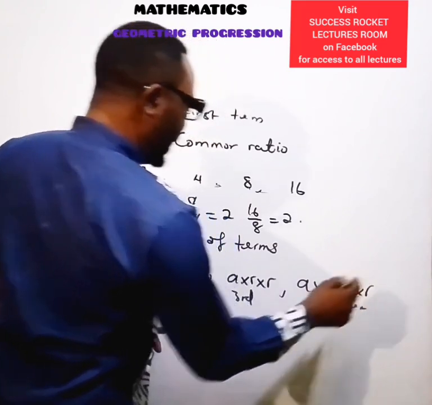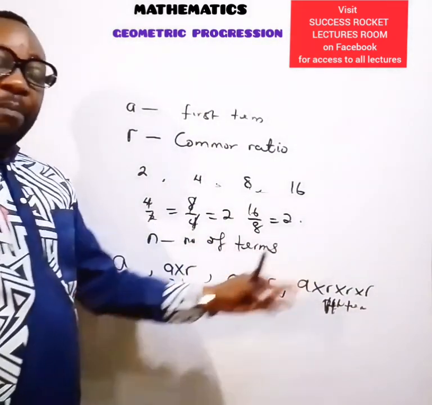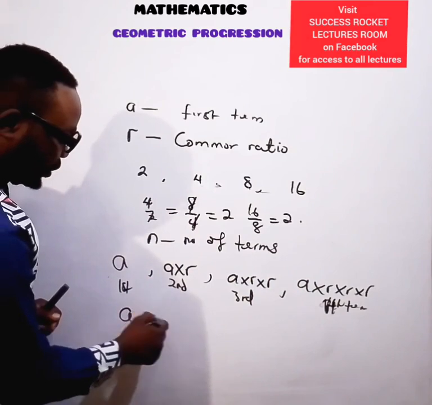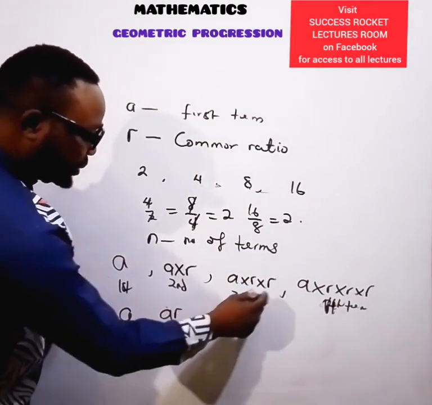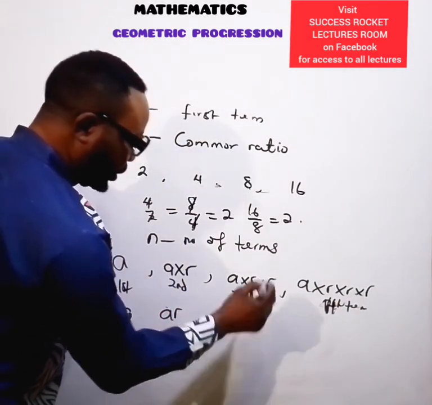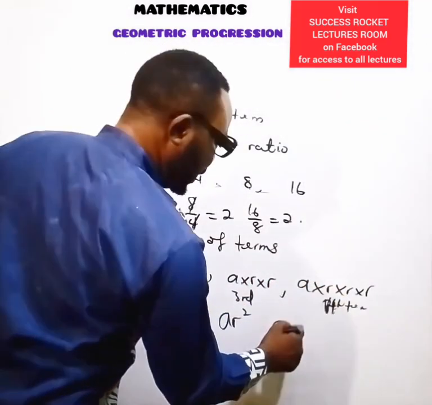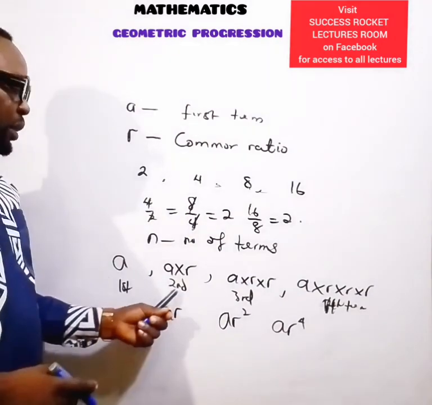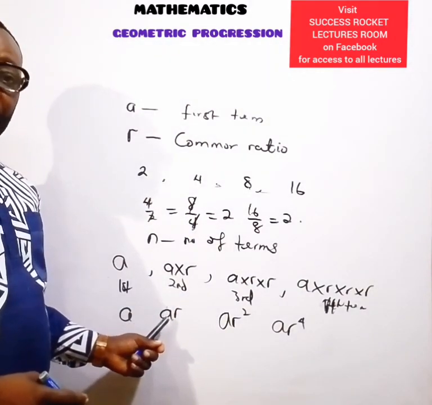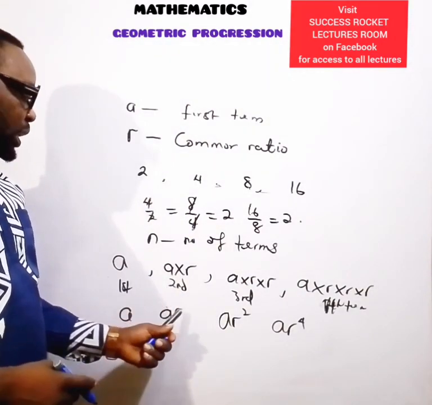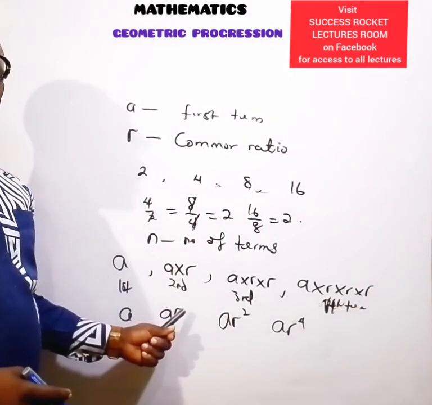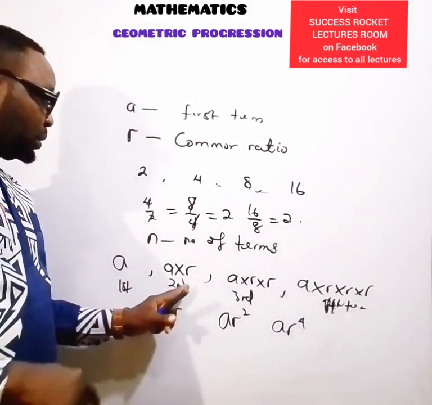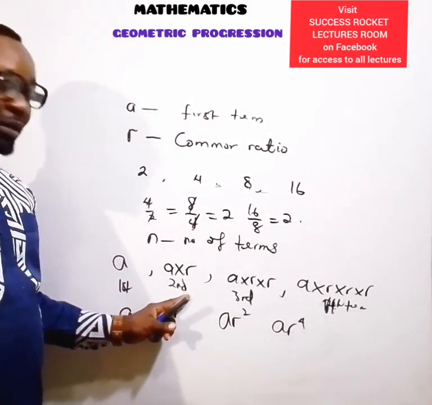Now, if you look at this arrangement very well, if I write it out, this is A, the first term. The second term is AR. The third term is AR raised to power 2. And the fourth term is AR raised to power 3. If you look at each of the terms, you'll discover that the number of R's multiplied by one another is less by 1 than the position of the term.